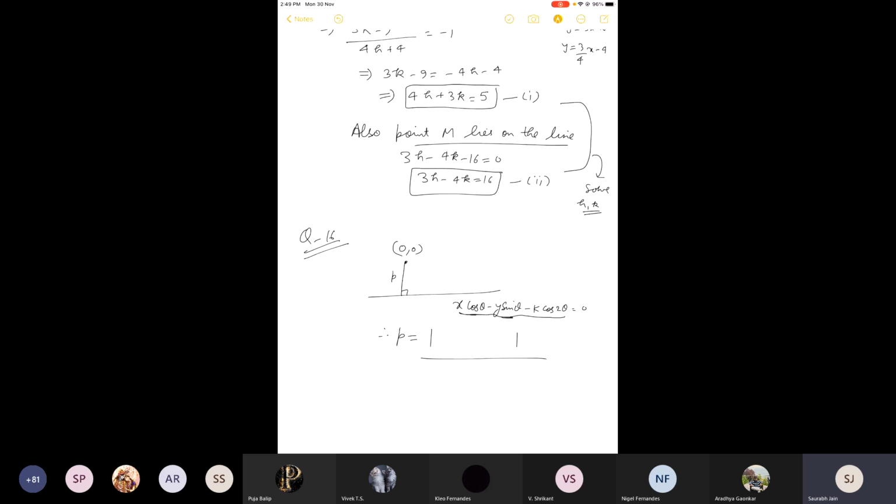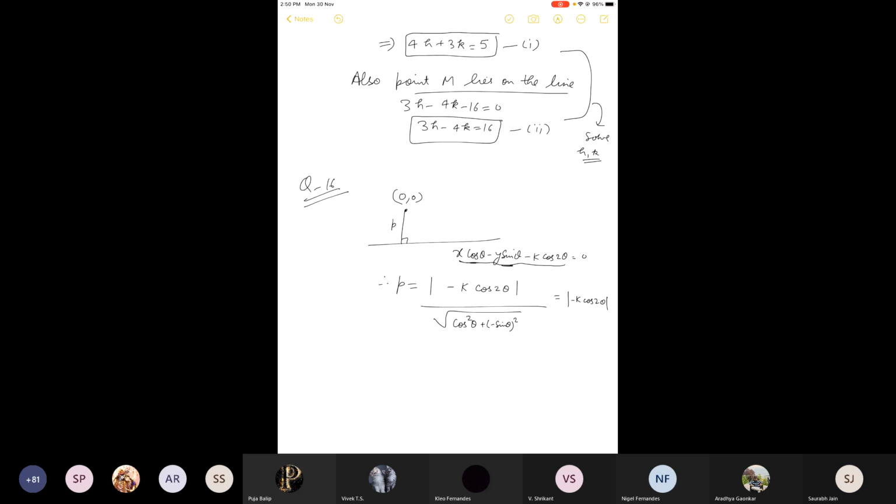And in the denominator, we write square root of sum of square of the coefficients of x and y. That means cos square theta plus minus of sin theta whole square. So this is mod of minus k cos 2 theta by 1. Why? Because in the denominator it will become cos square theta plus sin square theta, which is 1. Square root of 1 is also 1.